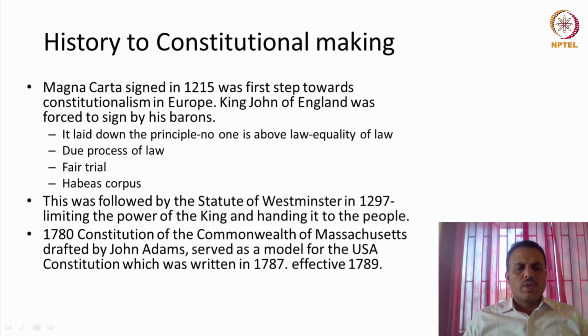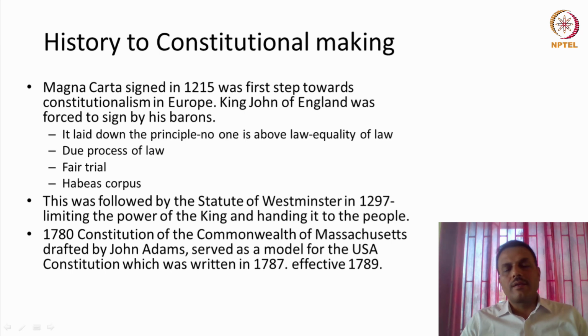So if one looks at the history of constitution making, one would date it back to 1215, when a document called the Magna Carta was signed as the first step towards some form of constitutionalism in Europe.